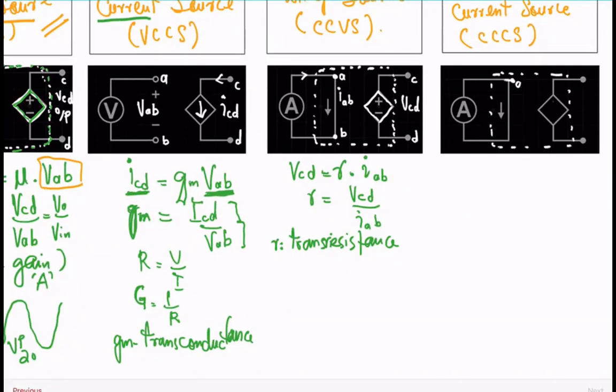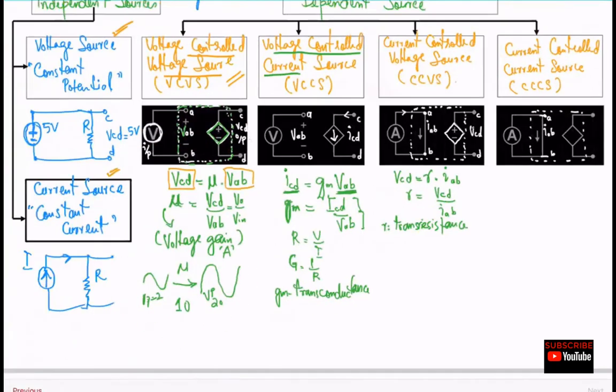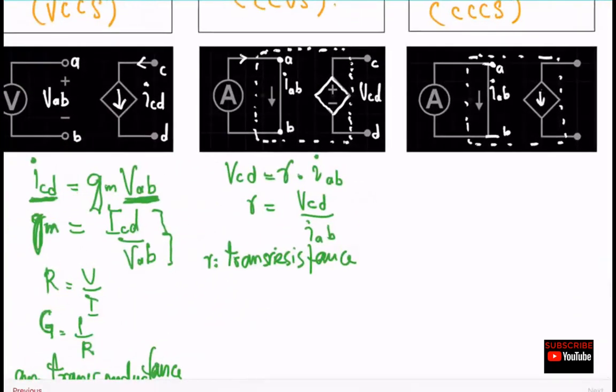Say this is terminal A, this is terminal B, the current here will be IAB, and then you have the current source here also. Say this is the C and D terminal, so this will be ICD.